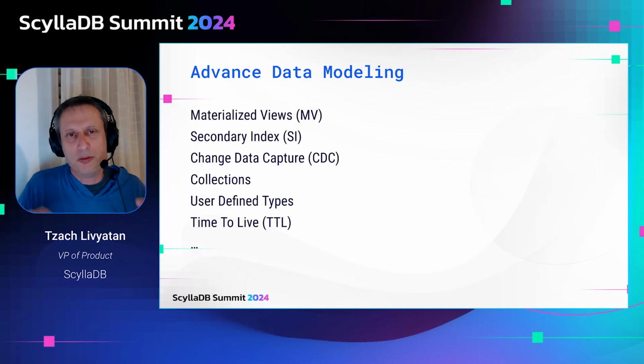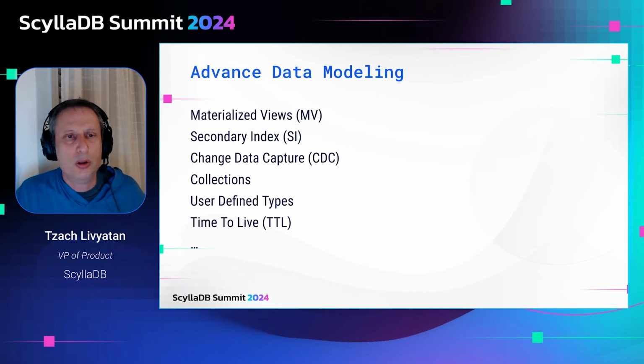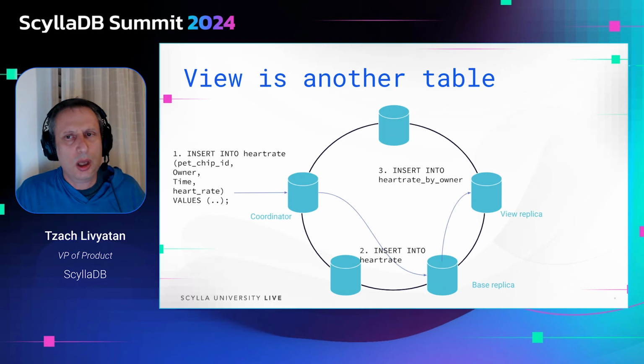Time to live you can define for each table, basically how much time each element will live there, and you can also control it per session. Very useful, for example, if you want the data to live in the database just for a month and then expire. You can let the database manage it for you.